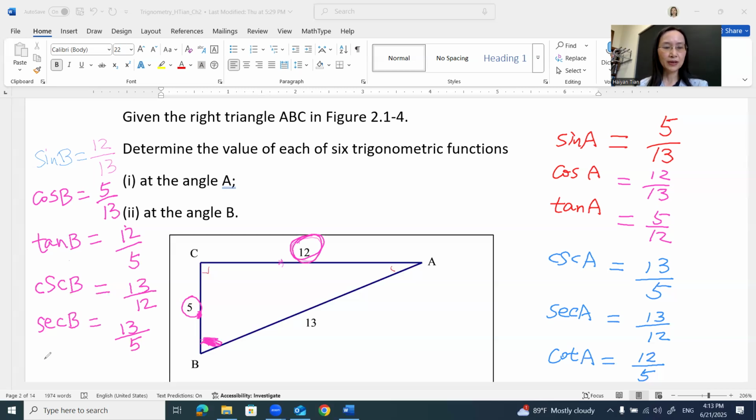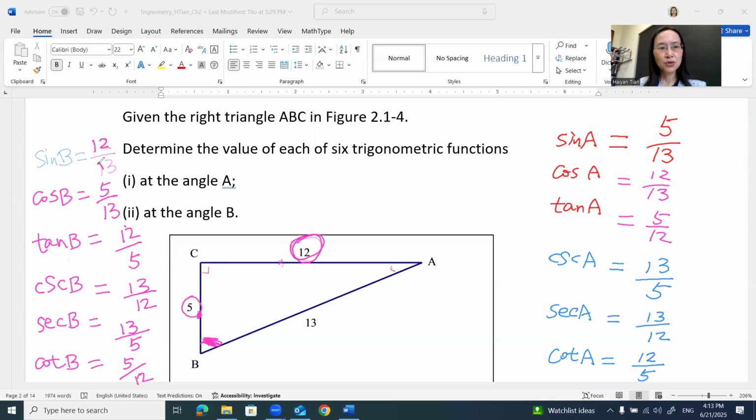And last one, cotangent. Cotangent B is the side adjacent to B over the side opposite the angle B, which is 12. So we have found all 6 trigonometric function values for the angle B.